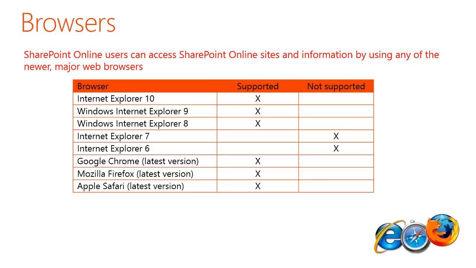As you can see in the table in front of you, most of the browsers available on the market nowadays are supported by SharePoint Online. So we have, for example, Internet Explorer 10, Internet Explorer 9, 8, and the latest versions of Chrome, Firefox and Safari. But Internet Explorer 7 and 6 are no longer supported, not only in SharePoint Online, but in Office 365 in general.